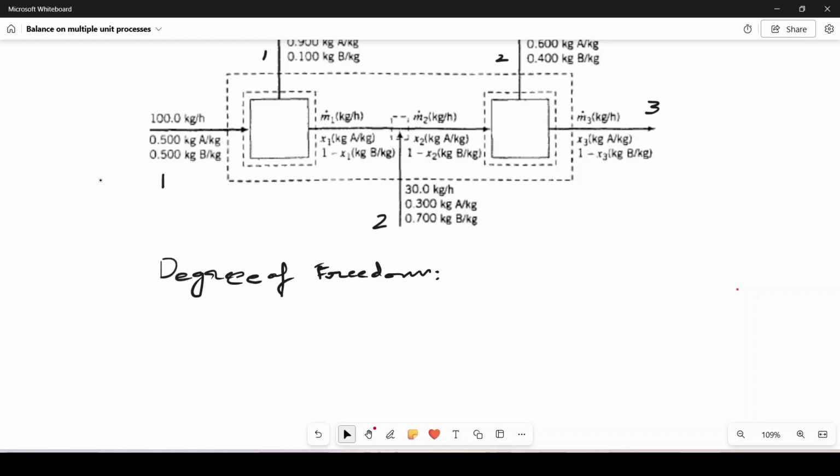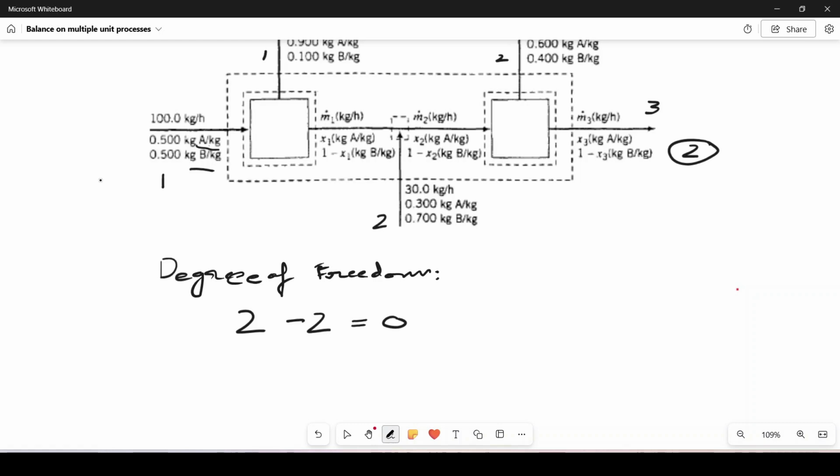So considering that fact, we can see what is known and what is not known. Here we have two unknowns, and we also have two independent equations from species balance, species A and species B. So two unknowns minus two balance equations.